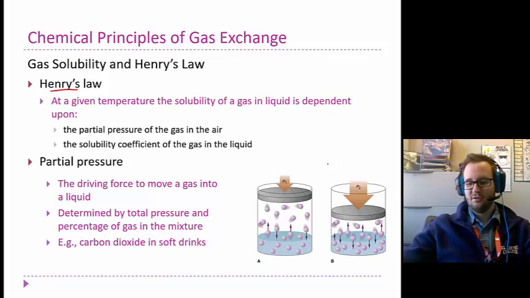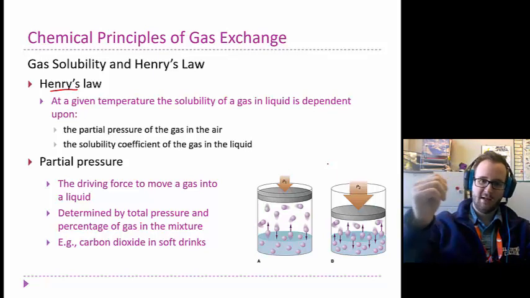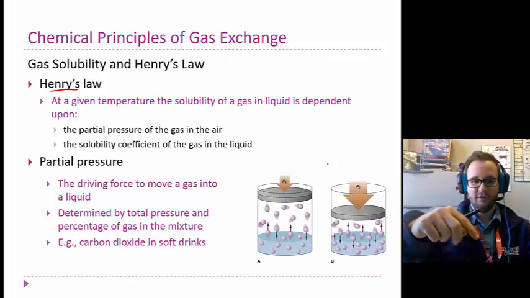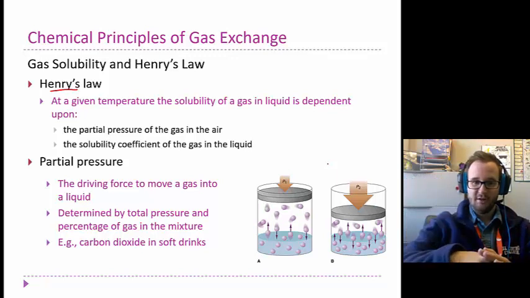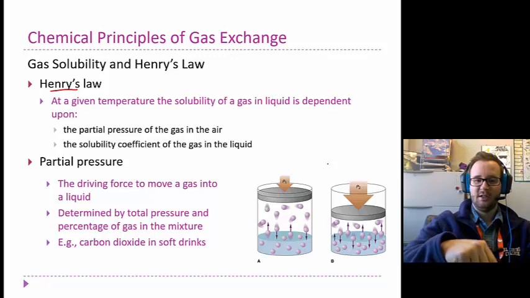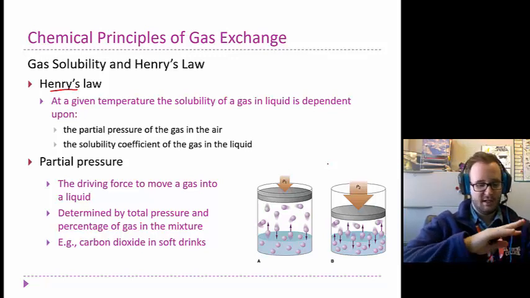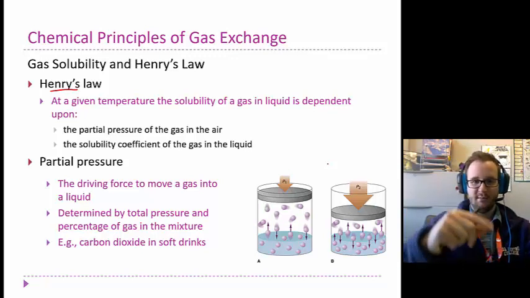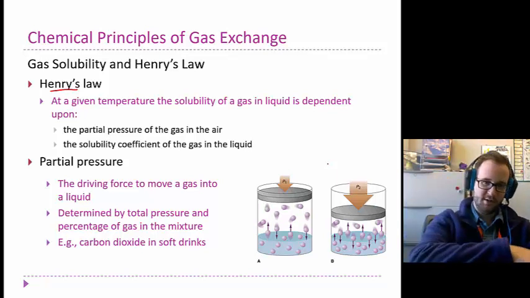So for example, as divers go down deep into the ocean, if they come up too quickly, some of that nitrogen gas that's very soluble in your fluids at high pressures is going to end up popping out of your fluids. So under the sea, it's going to dissolve into your bloodstream. But as you rise up, it's going to start popping out, and it can form bubbles under your skin.